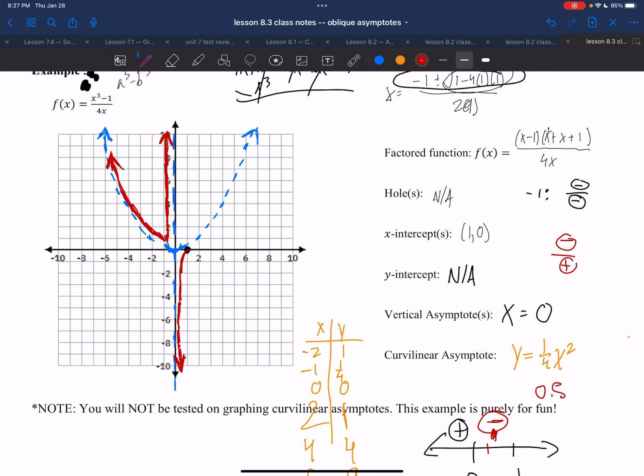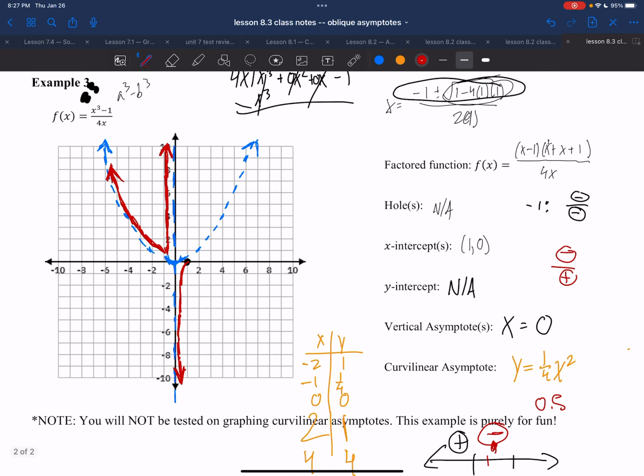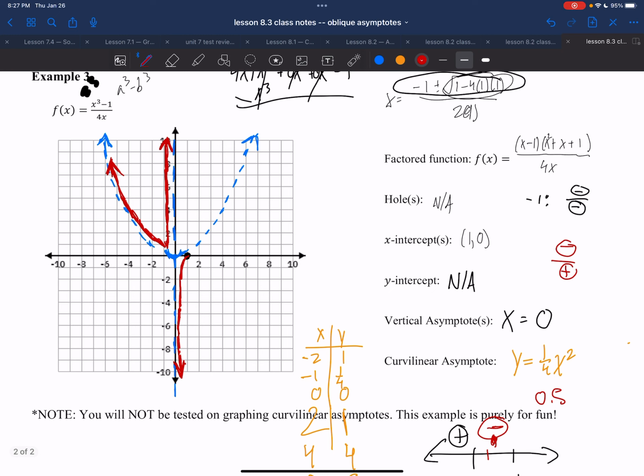Then it should come out to positive. If you do 2 cubed, that's positive over positive, so it's positive. Then it's going to follow this curve, like so. And there you go. That's the graph of our rational function.